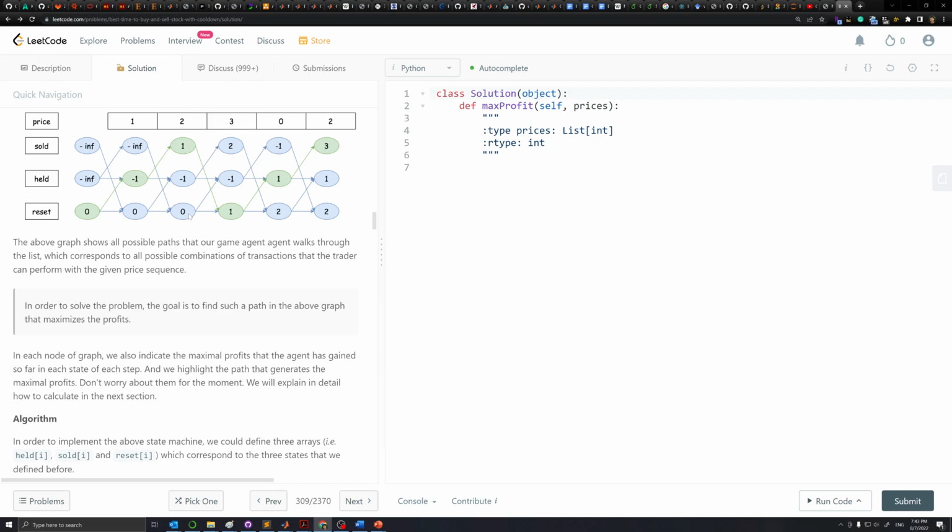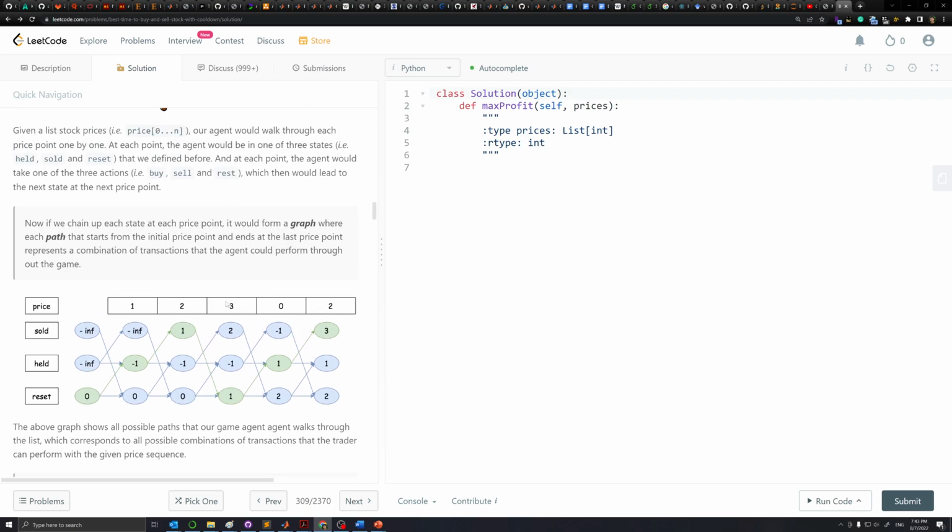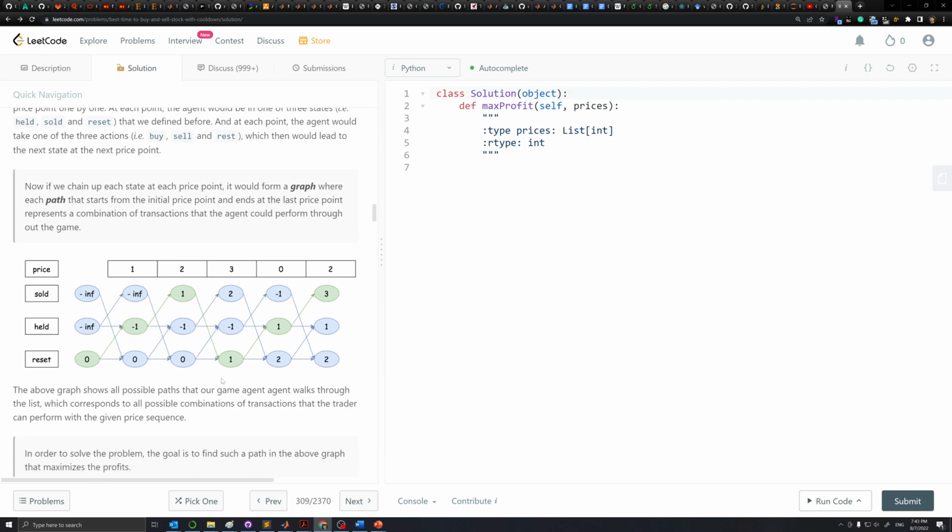And then we can either take a buy action and go into held, or we can just stay idle and stay in reset. Right, something like that.